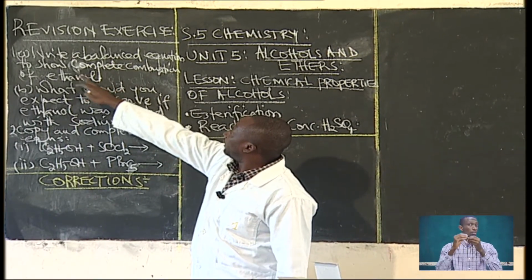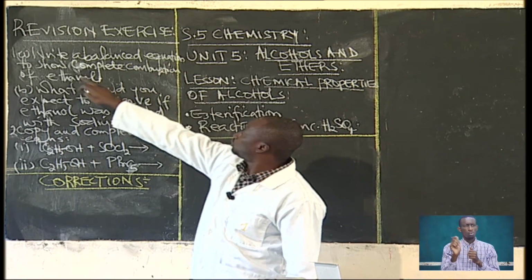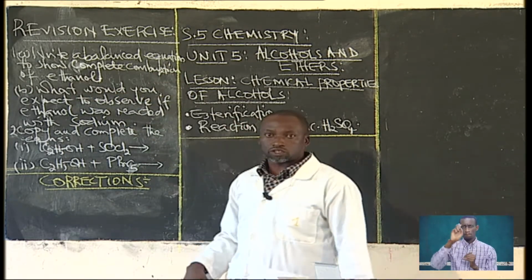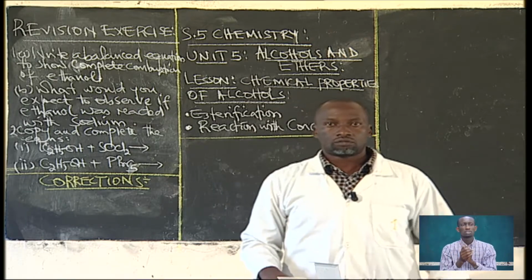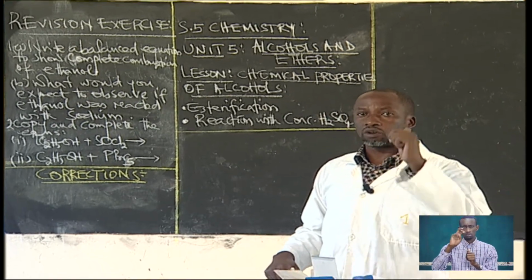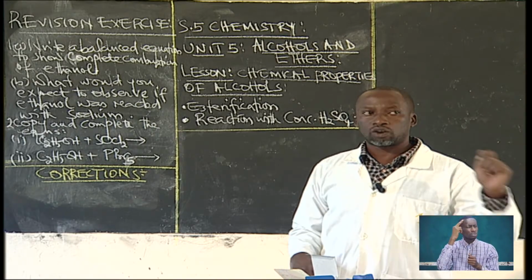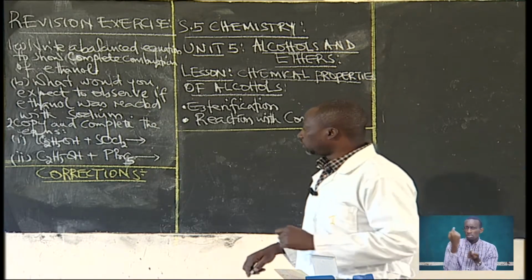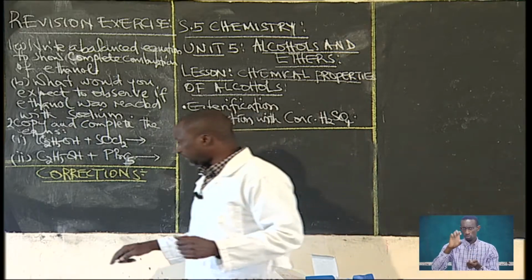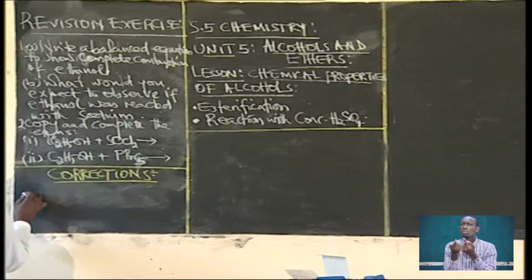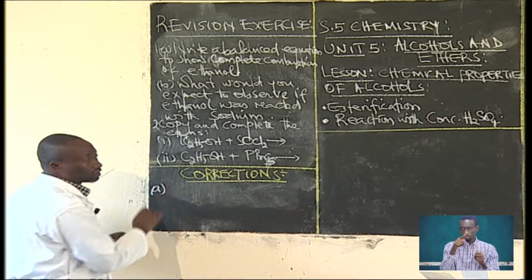Number 1A, write a balanced equation to show complete combustion of ethanol. We did that one together. You remember the experiment that we did when we were burning ethanol in air, and this is the correction. This is the equation for the complete combustion.